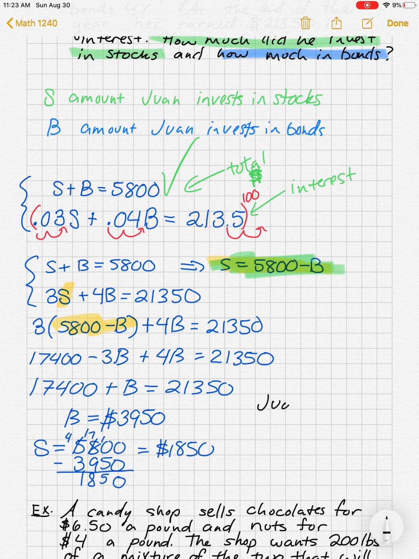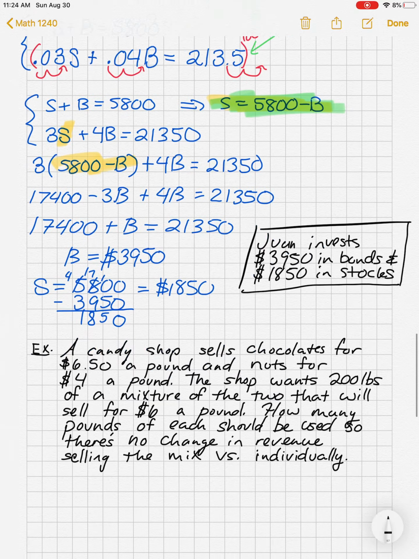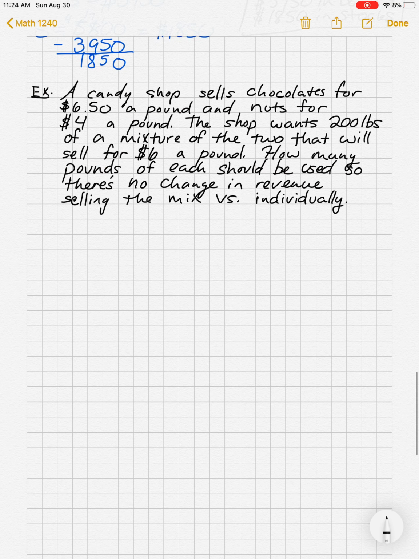Let's see, Juan invests, what was that one? $39.50 in bonds and $18.50 in stocks. That wasn't too bad. Couple more.